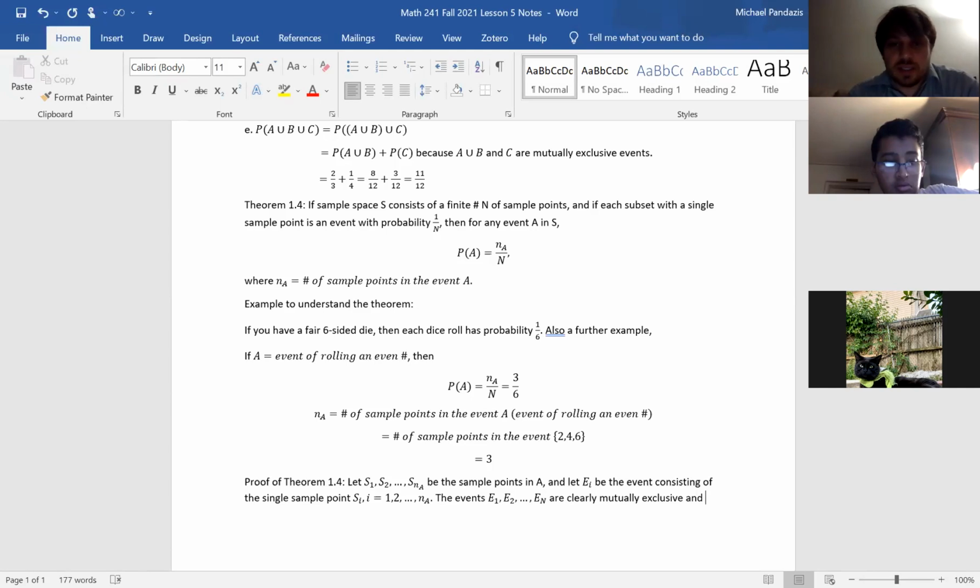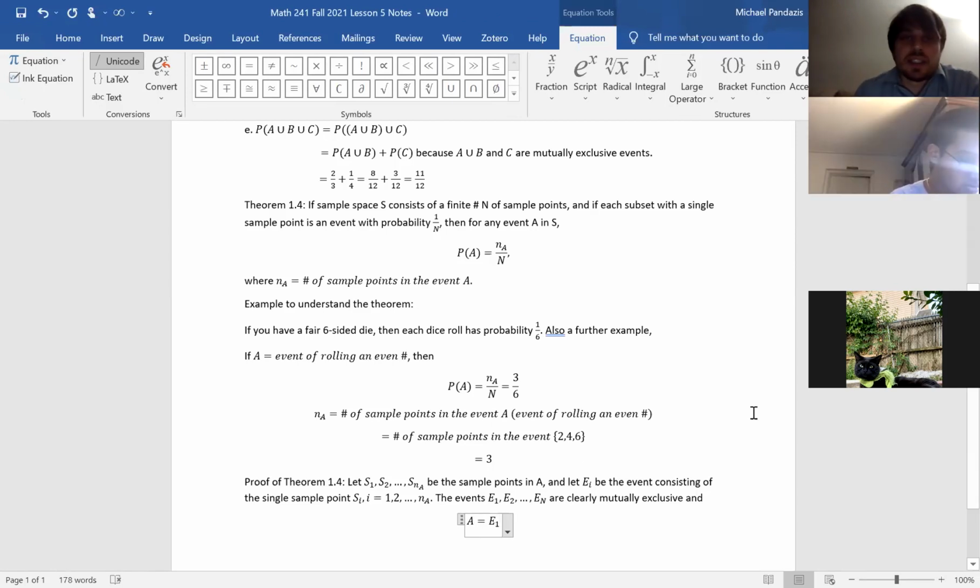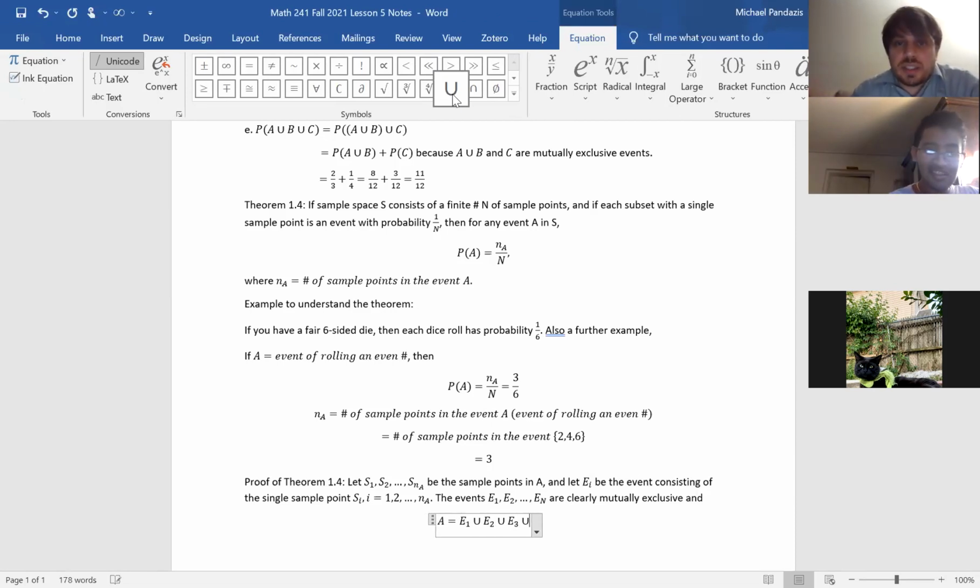And A is equal to E1 union E2 union E3, union, and so forth, union E sub n sub A.